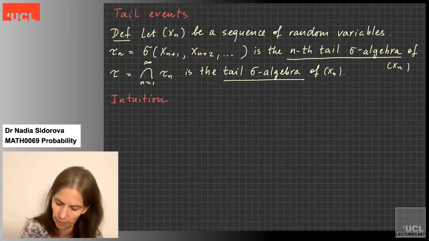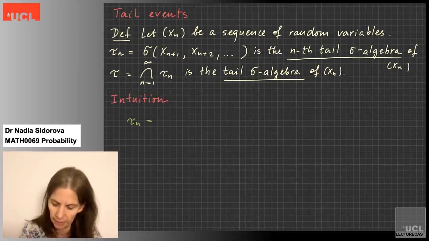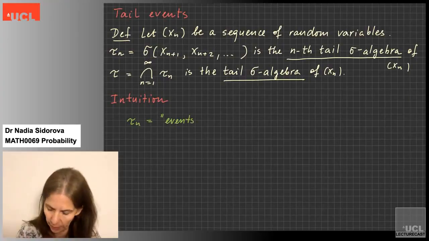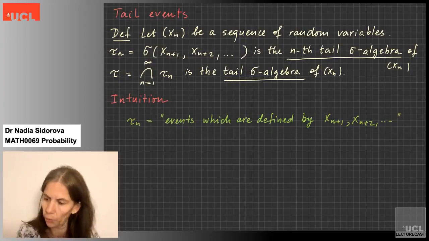And this means that informally, I can describe tau n as the collection of events which are defined by random variables xn plus 1, xn plus 2, and so on only.